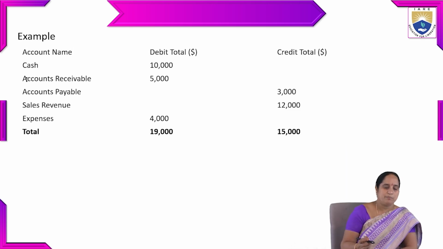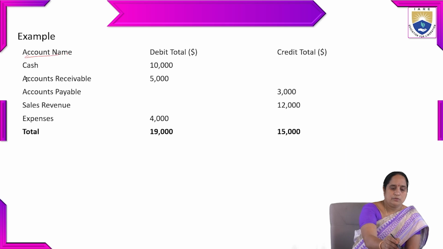So this is the example here: account name, debit total and credit total. Whatever transactions we have are listed under the account names: cash account, accounts receivable, accounts payable, sales revenue, expenses. Then find out the total. As cash is an asset, it should be entered on the debit side.